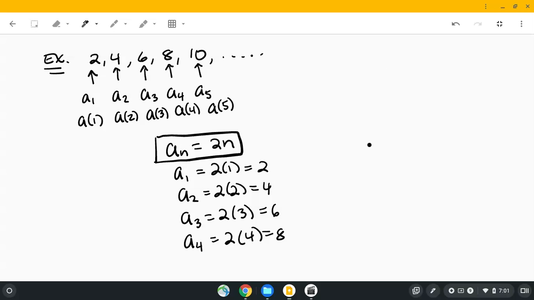If I have the formula like I do here, and I want to know what is the 103rd term, then all I have to do is use that formula. I can just plug in 103 and I get 206. So 206 would be the 103rd term.